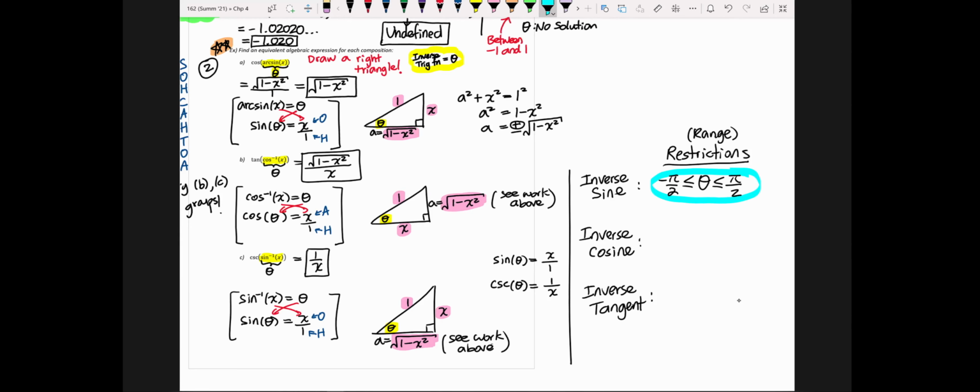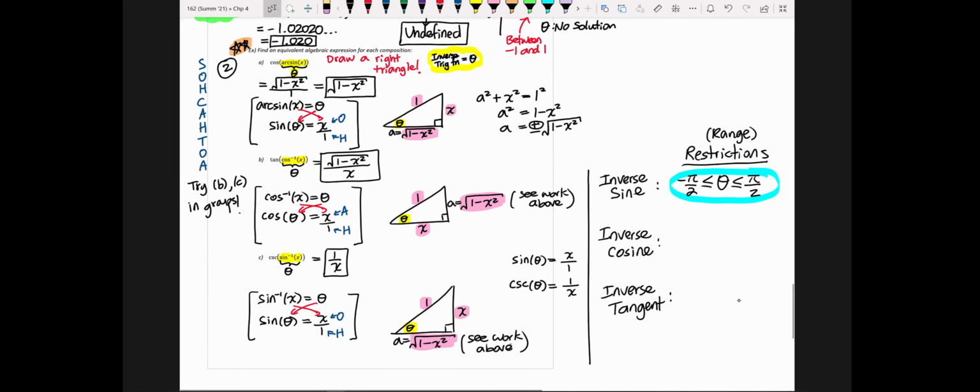For inverse cosine, again, you find the angle that satisfies the equation after the switch, but that angle also has to be in the restriction between 0 and pi. For inverse tan, find the angle that satisfies the equation after the switch and that lives in the restriction between negative pi over 2 and pi over 2, exclusive.